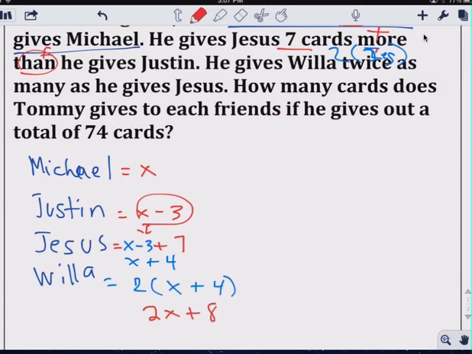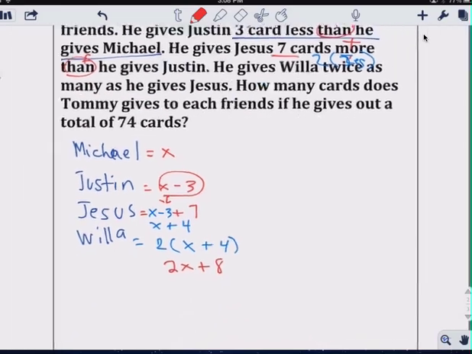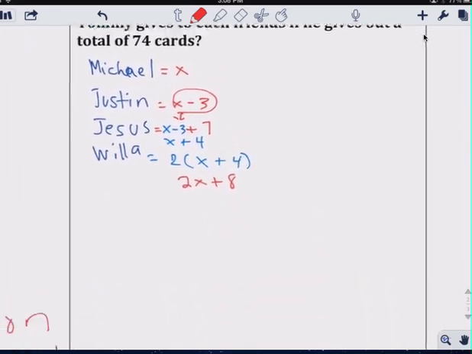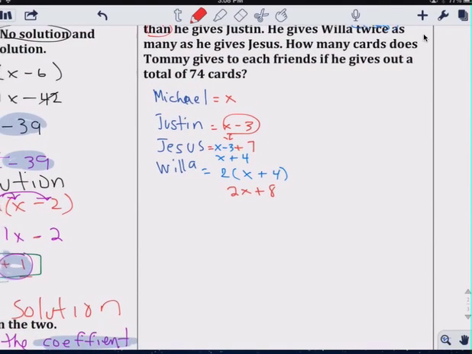How many cards does Tommy give to each friend if he gave out a total of 74 cards? So we need a total of 74 cards all together.